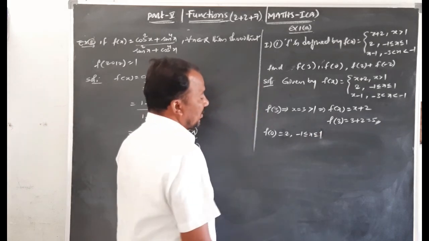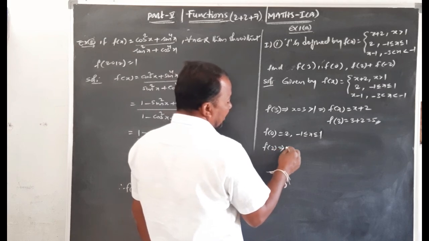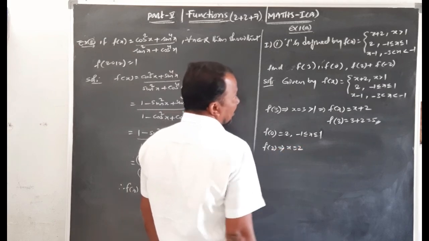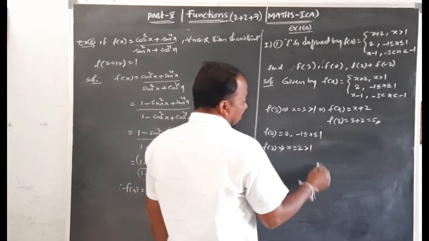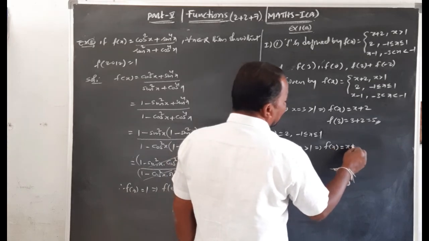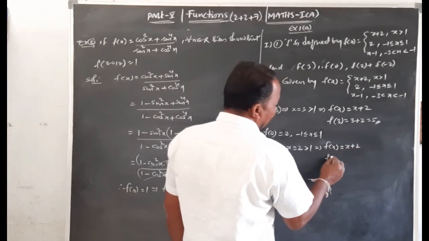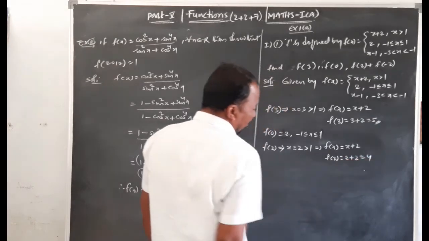Now f of 2. x equals 2, which is greater than 1, the first condition. This implies f of x equals x plus 2. Substitute the value 2: f of 2 is 2 plus 2 equals 4.